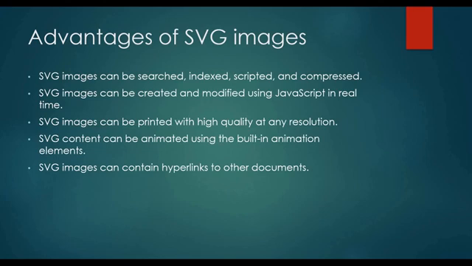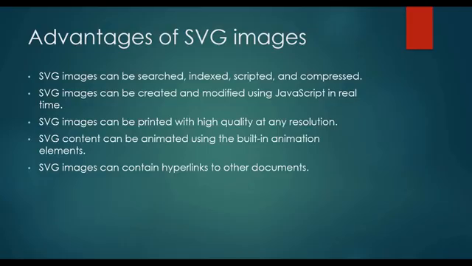But in case of SVG, it is changeable, modifiable, alterable. SVG images can be printed with high quality at any resolution. Yes, it was drawn, so it was in high quality. It won't alter or blur at all.